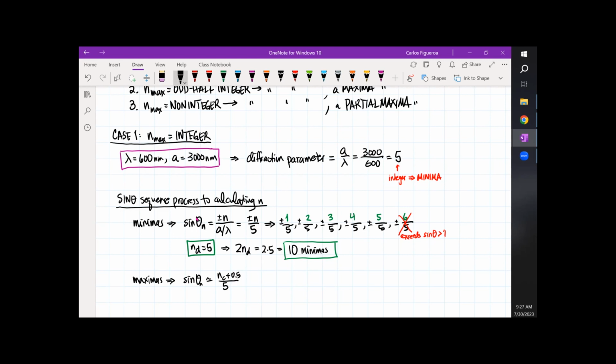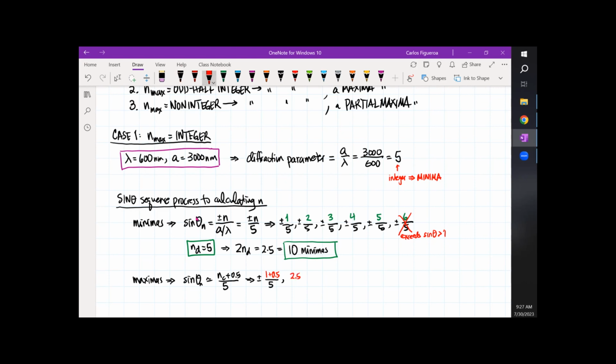So now I'm going to start the sequence again. Note that this is plus or minus, so I'm going to do the exact same thing as before. So this will give me 1 plus 0.5.